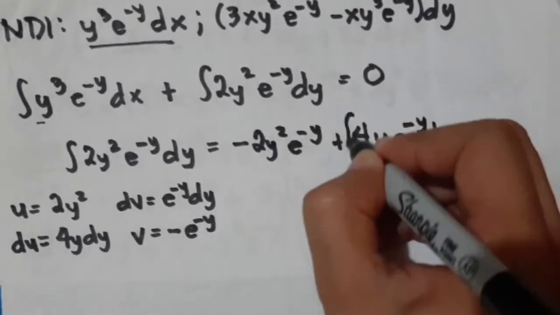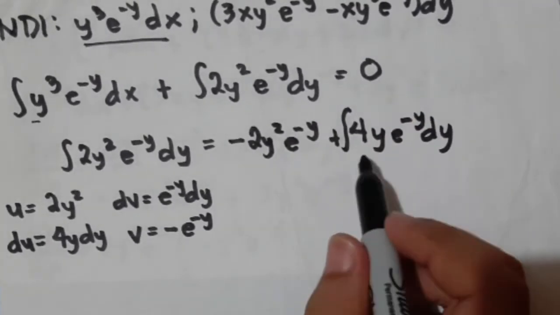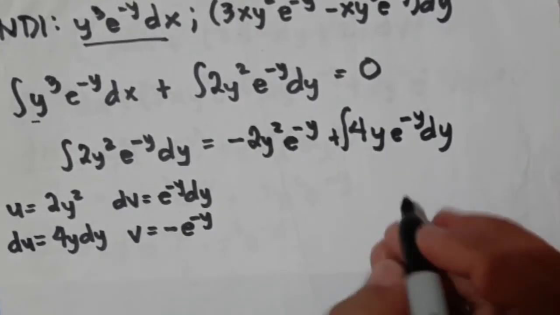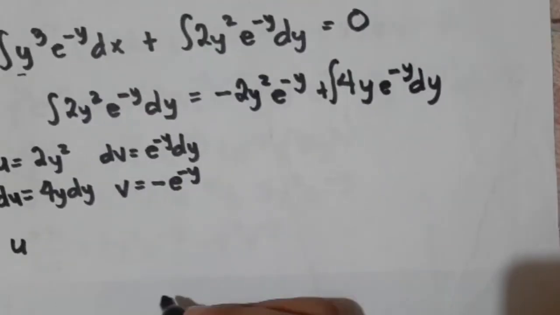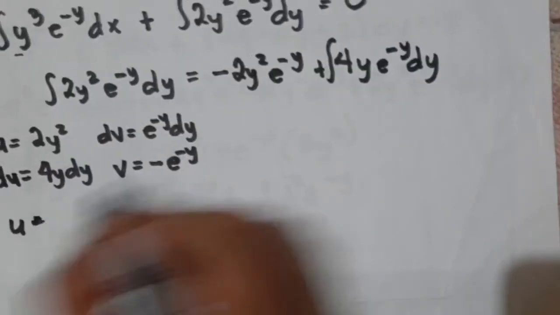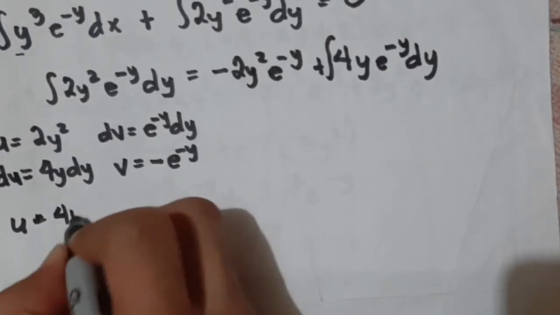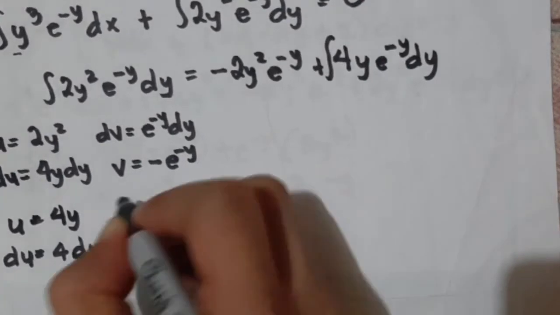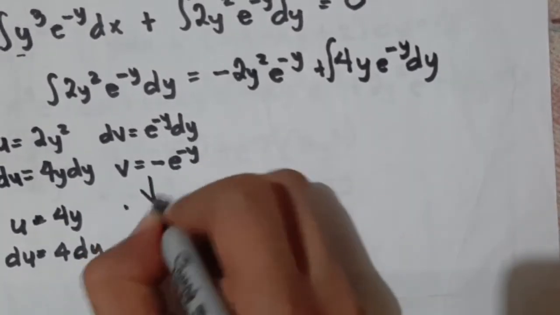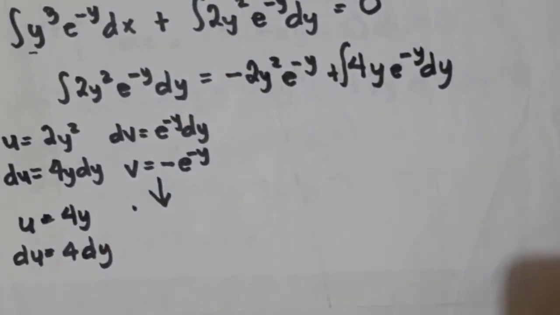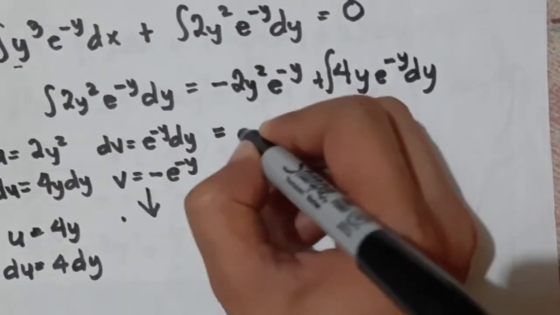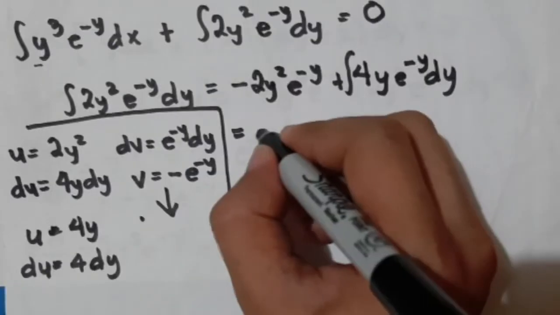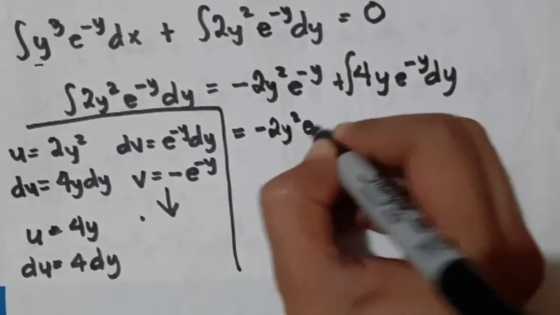So this time we need to find the integral of 4y e negative y dy. Again, we will perform another integration by parts. So u, in this case, is 4y. Our du is 4 dy. Our dv is still the same, ito pa rin. Ulit natin to, that's negative 2y squared e negative y.